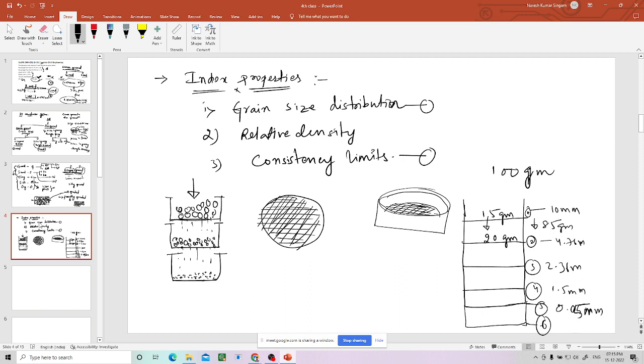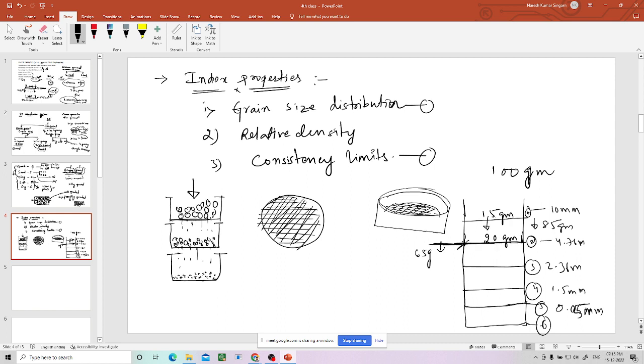So 20 grams is retained here, and then 65 will go down. Okay, 65 grams will go down, because 15 plus 20 is 35, and the remaining 65 is finer than this.